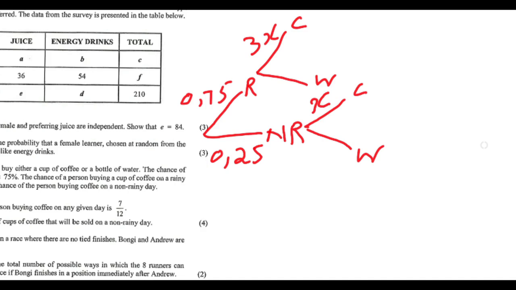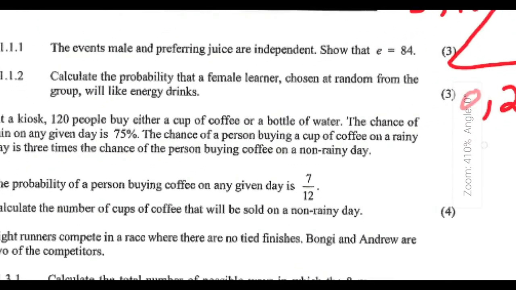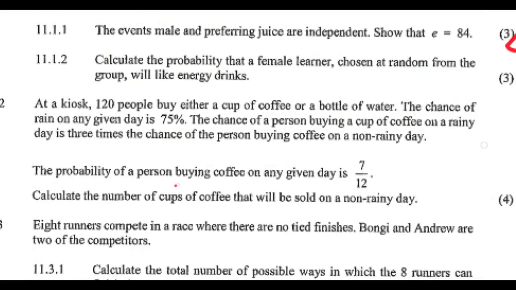The total probability of a person buying coffee, P of C, is given as 7 over 12. The probability of a person buying coffee on any given day is 7 over 12.